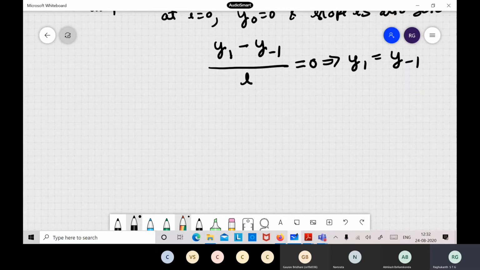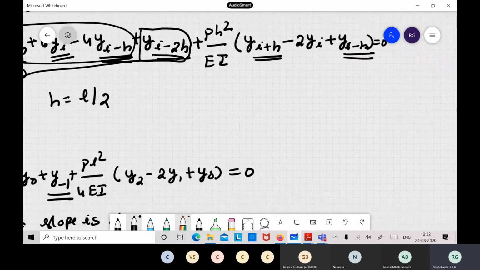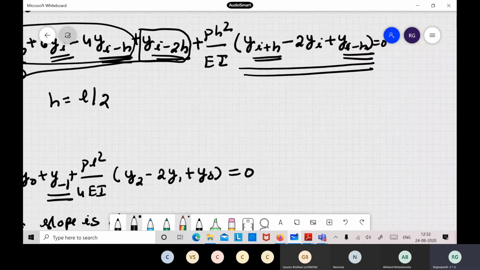Now similarly, we have to find y3 also, which we don't know. For this we use that bending moment is 0 at I is equal to 2 itself, which means the second derivative is 0. Now in the finite difference approach, the equation for the second derivative we already know, right? We write y of I plus h minus 2 times yi plus y of I minus h, that is equal to 0.